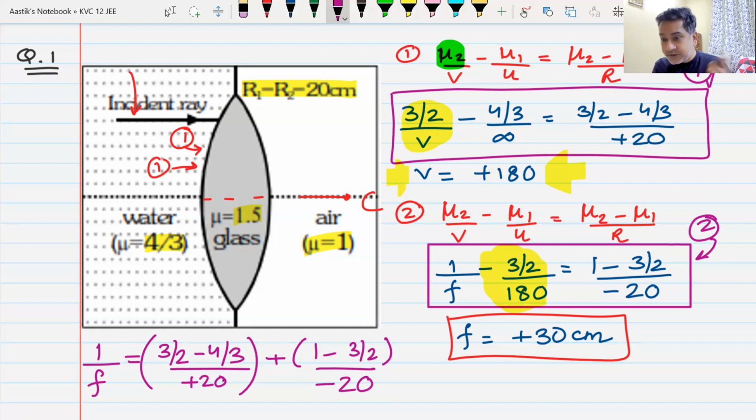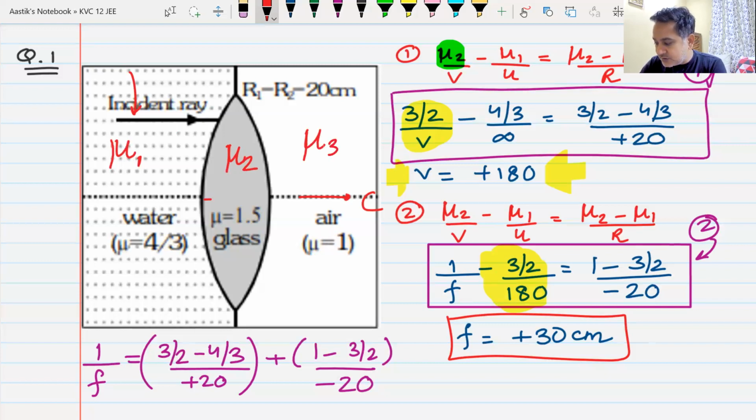How do I create a shortcut from here? See, I'll just rub everything off. Let me call this mu1, this mu2, and this mu3. Do we understand this? Let me call the radius of curvature of this one r1, and the radius of curvature of this one r2.